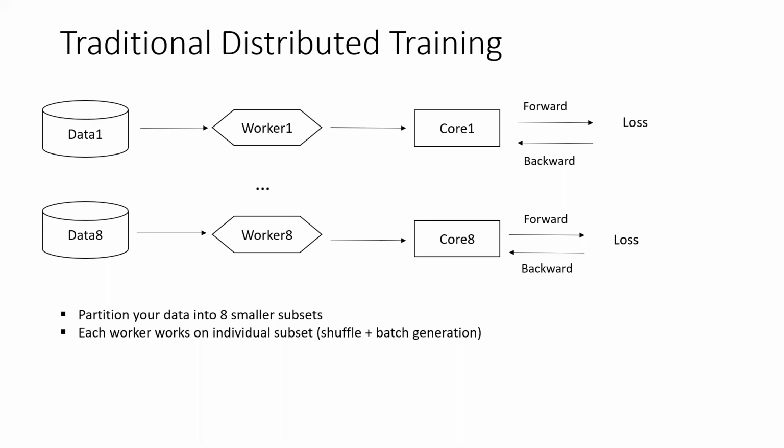When you have 100,000 text documents with a label, for example for sentiment classification, you split it up into 8 equal subsets, and then every worker is accessing one subset of this data. And also every worker is shuffling and generating the batches.